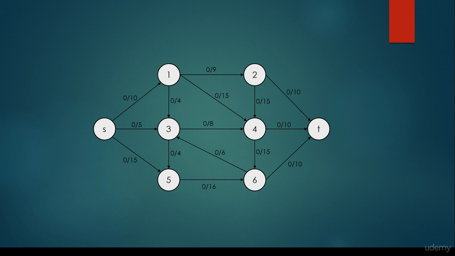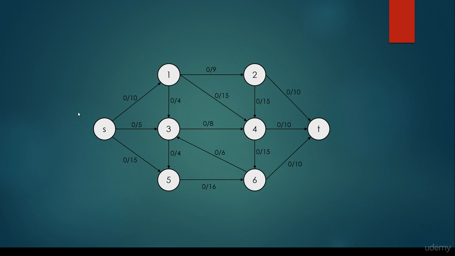So let's consider this graph. As we have discussed earlier, we have two important vertices in this flow network, the source S and the sink T. As you can see, the edges are coming from the source because the source has a positive divergence, and the edges are going in the direction of the sink because the divergence of the sink is smaller than zero.